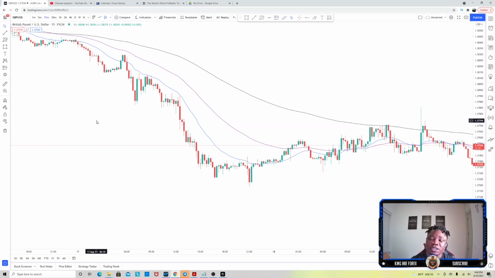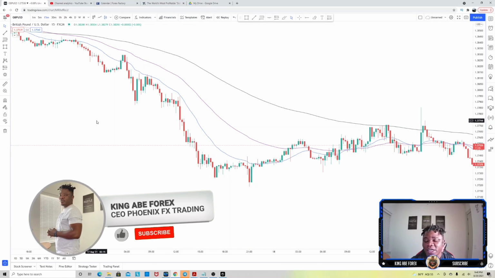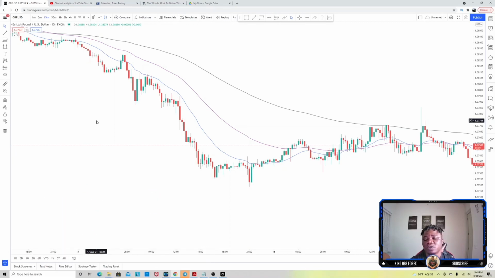When you're looking for sell opportunities, you want price to be below the 3 EMAs. And when you're looking to take a buy trade, you need price to be above the 3 EMAs before you start looking for any opportunities at all.